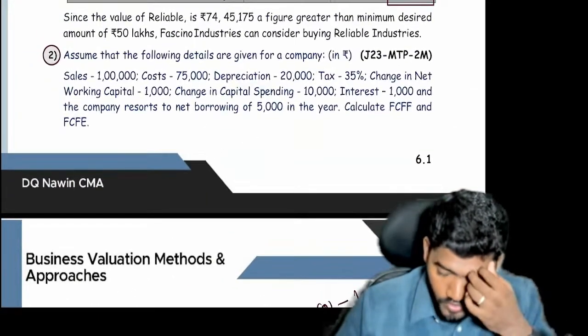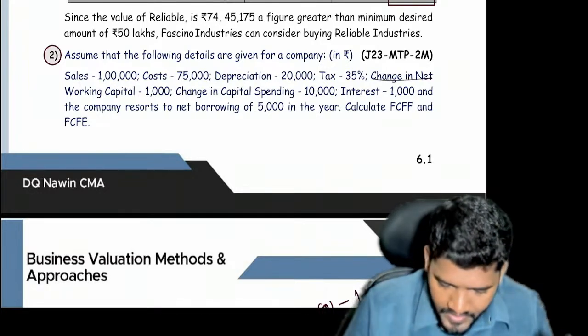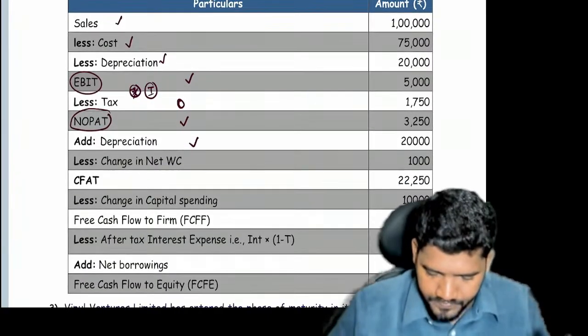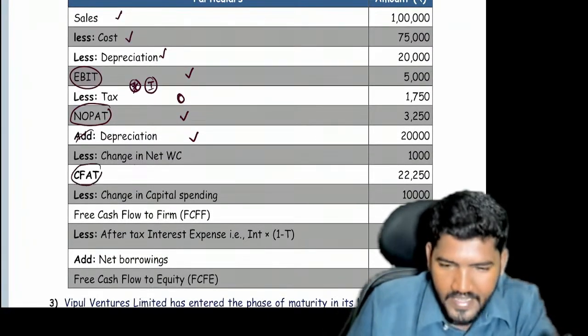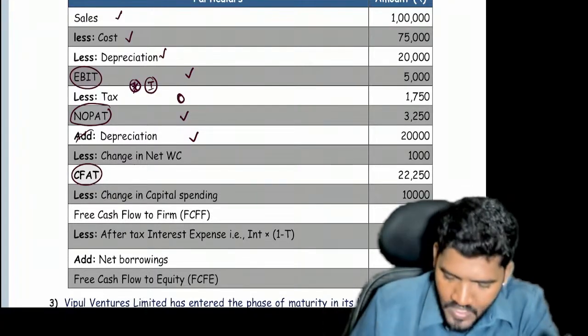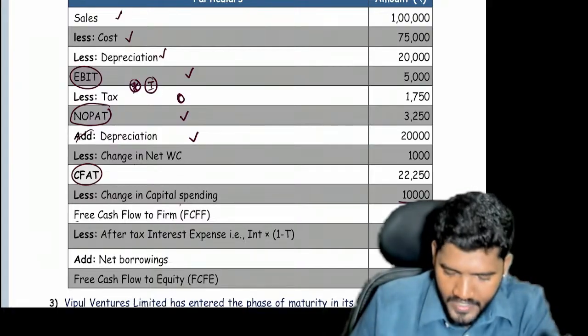You can observe the question: changes in net working capital is positive 1000, that's why we are reducing. If you adjust with these two, you will get CFAT. After CFAT, you have to reduce capital expenditure. Capital expenditure is 10,000. If you reduce capital expenditure, you will get FCFF.